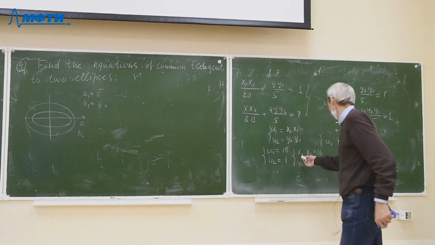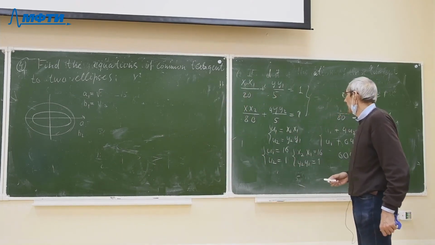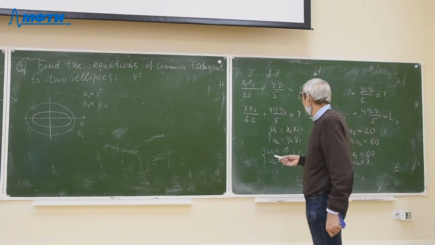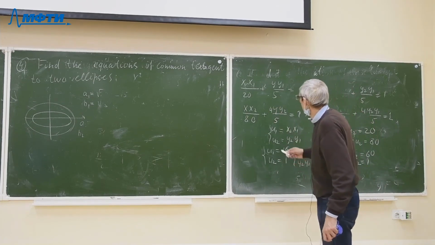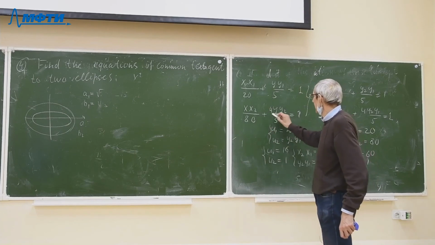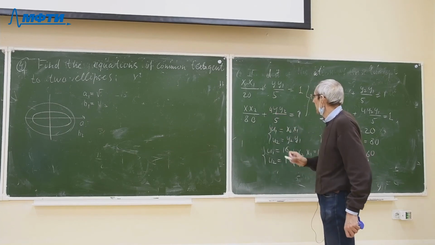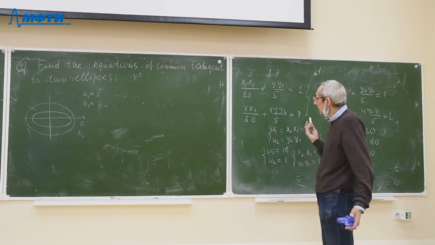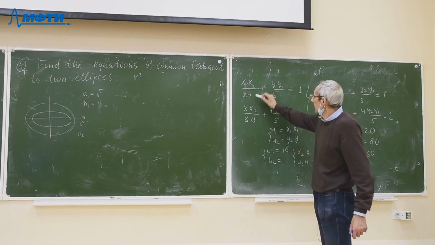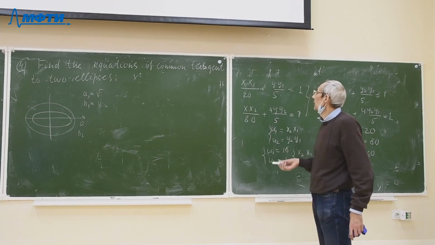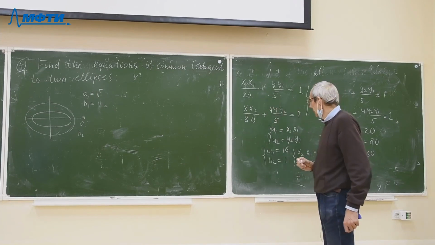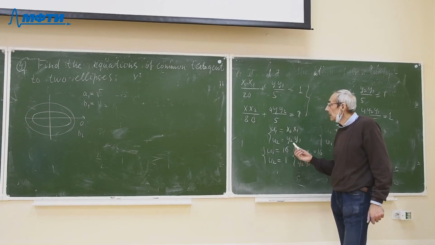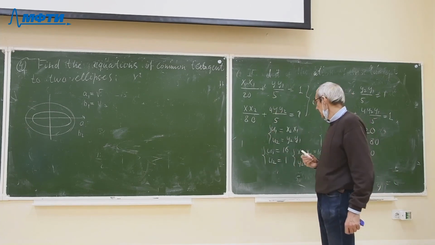We have one relation between these coordinates, and we have also the same equation for this curve. If we have the general curve, we have one equation which has two various forms, and we can use this observation.